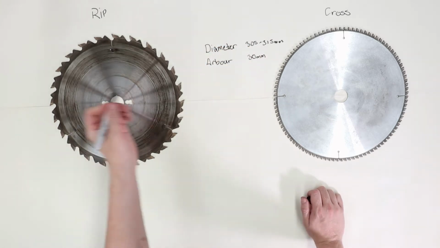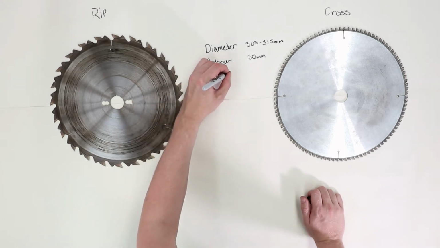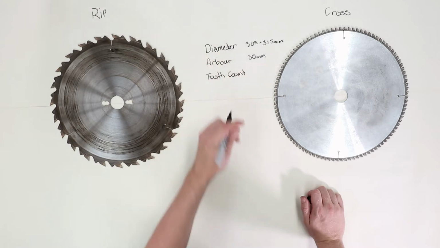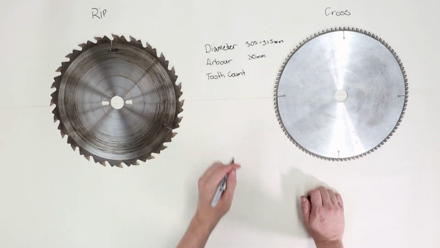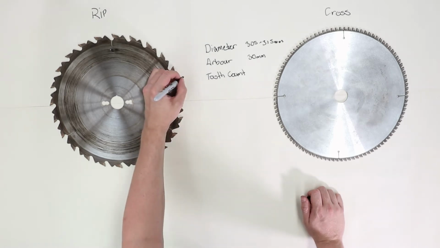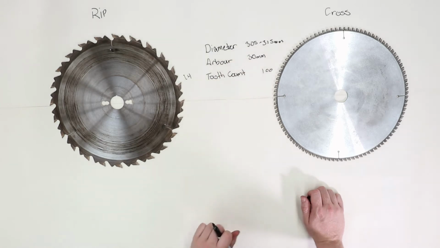We have a tooth count. So something like this is going to be maybe a 24 tooth, and this is going to be about 100 tooth. So we're going to write 24, just guessing here, 100.